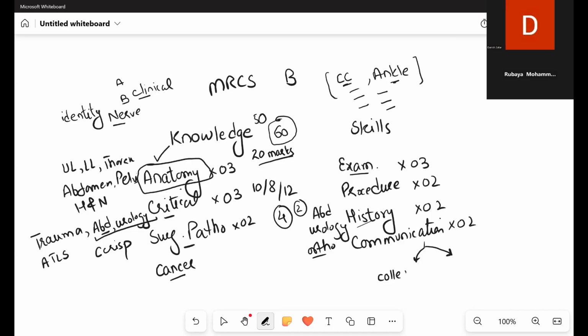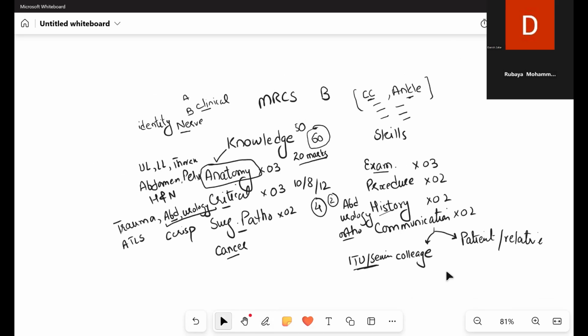That colleague could either be an ITU registrar, could be your senior on call, or could be anyone like that. The other communication will be with either a patient or a relative of that patient. It could be their brother, wife, mother, anybody.